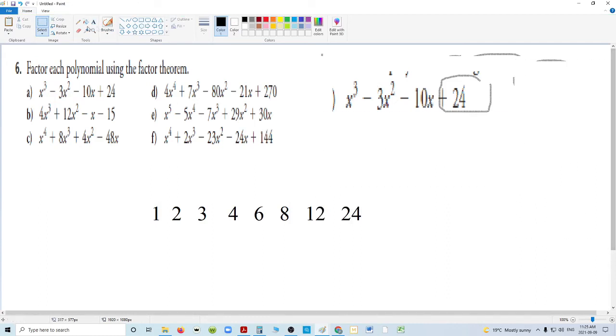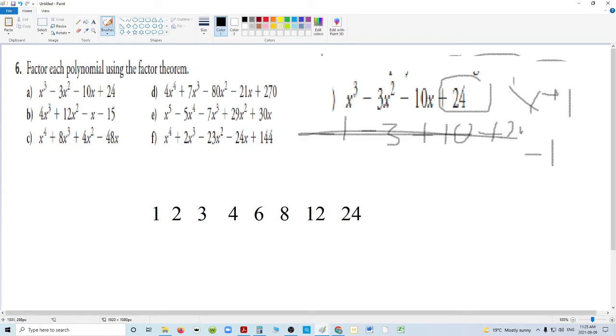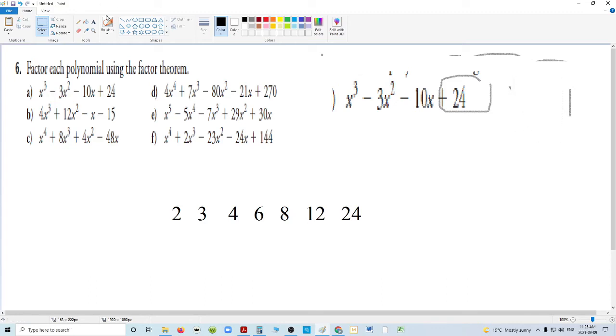So obviously I start with the plus and minus 1s first. That's not a factor, so I go on to x plus 1, which says that if minus 1 into here comes out with 0, x plus 1 is a factor. So I get minus 1, minus 3, plus 10. And if you don't see what I'm doing, practice your math. Plus 24, no, that is not 0. So we can cross this off, and we're on to the plus and minus 2s.